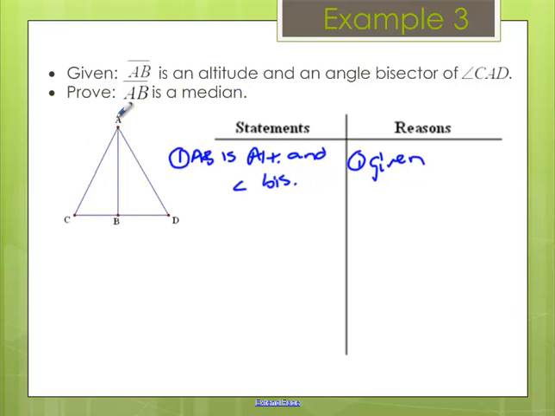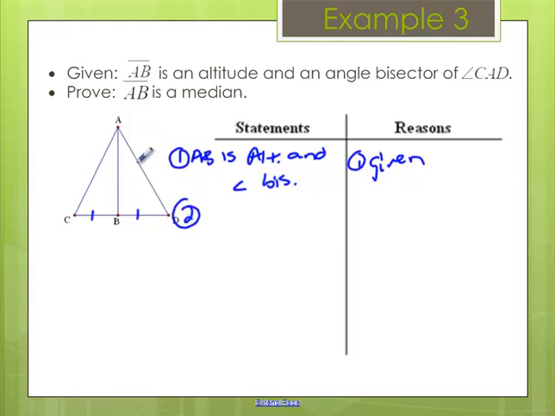And the ultimate goal is to prove that AB is a median. If we're trying to work backwards, a median means that these two are congruent. So my goal is to prove that those two are congruent. The way that I can prove those two are congruent is by using CPCTC. This is going to be a bit of a long proof, but we're going to get through it.